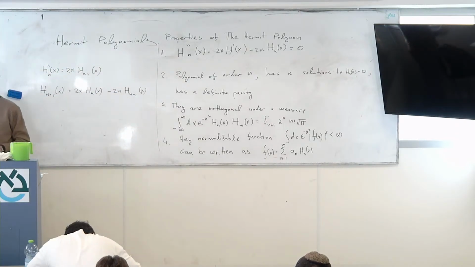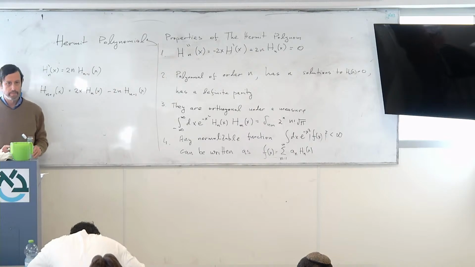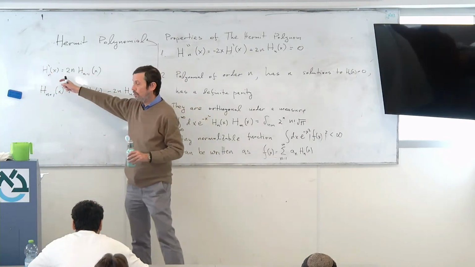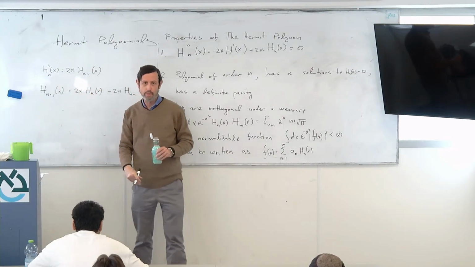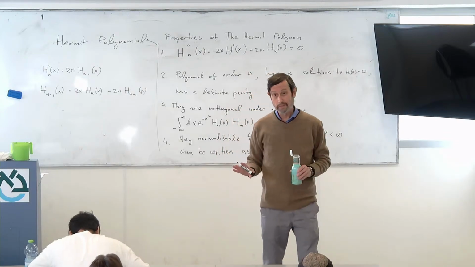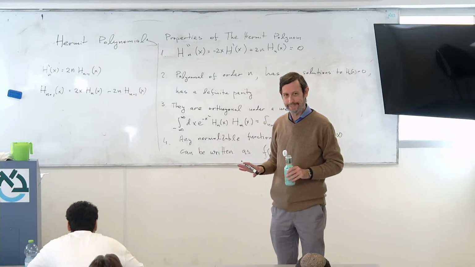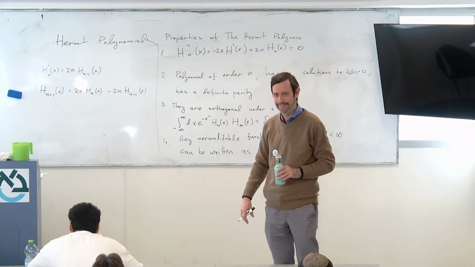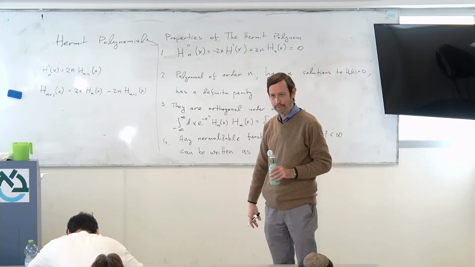So the first one requires only knowledge of the previous Hermite polynomial. Unfortunately, it gives you only the derivative, so you have to know how to perform an integration. It's not so terrible because these are polynomials. We're supposed to be able to perform an integration on x to some power.